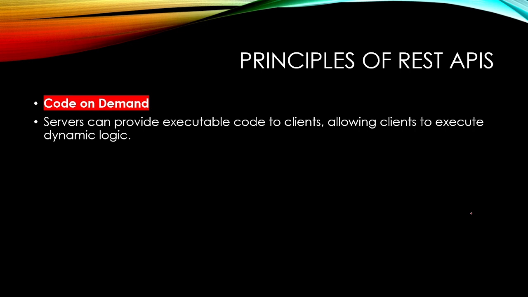They are sending some executable code and clients can execute it, and with these updates, they can automatically do the feature updates on your mobile application. This is an optional principle which is rarely used. So it is one of the principles of REST APIs.